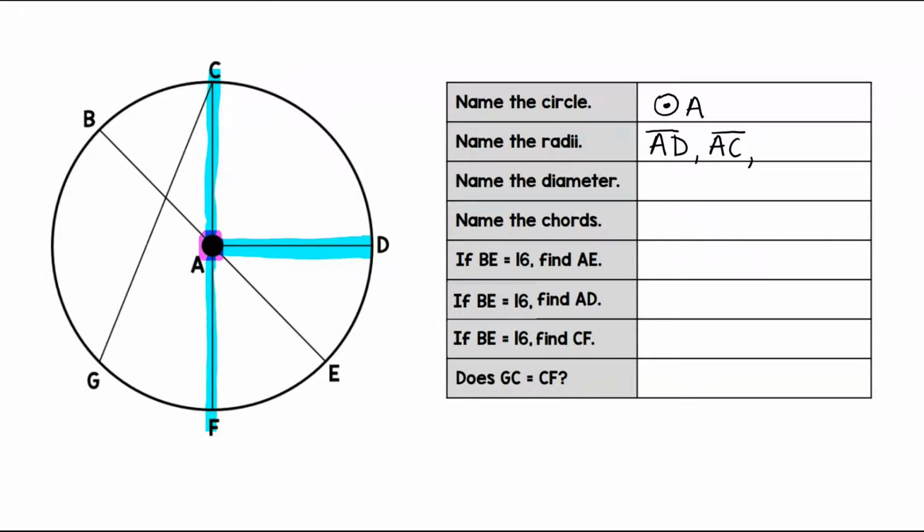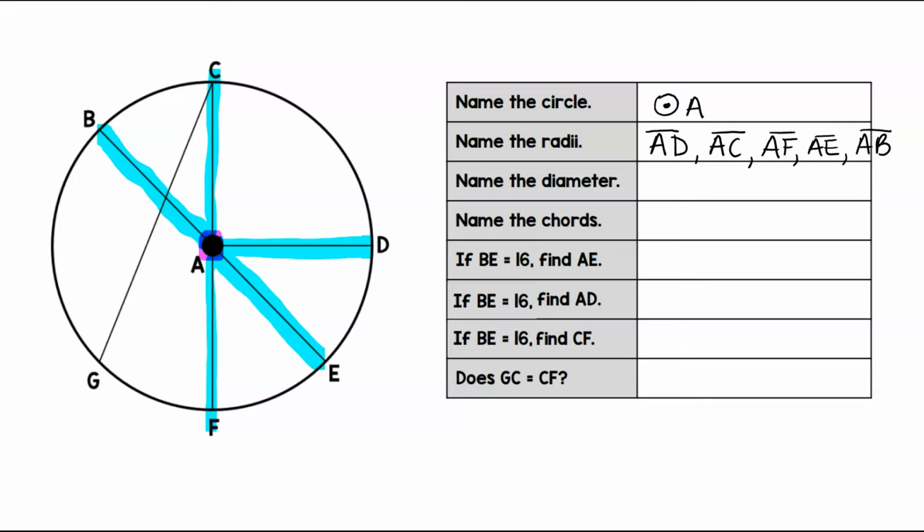Another, AF. AE. Again, all radii must start at the center and hit a point on the circle. So last but not least, we have AB.